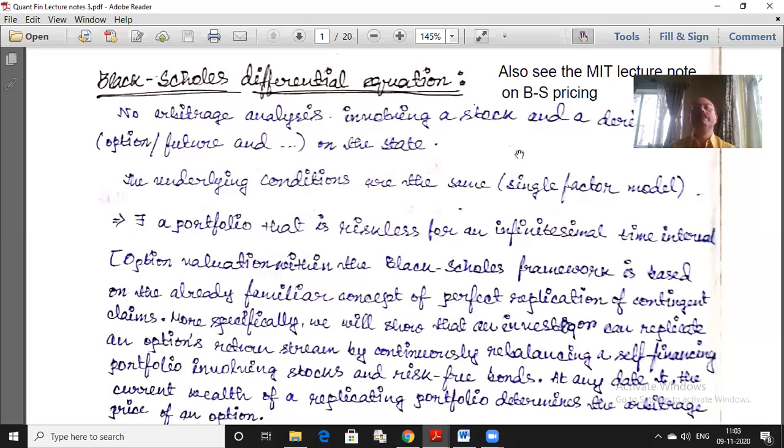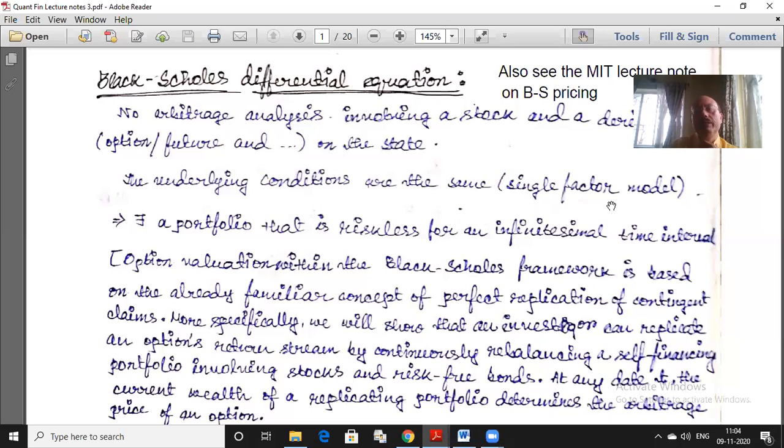Everything happens at discrete time points. So anything in between, no changes are going to happen. But now that we are in the continuous time world, changes can happen anytime, differential changes. So we have to also think of infinitesimal time intervals. Okay, so fine. So let us see how it goes. We will come to the details.